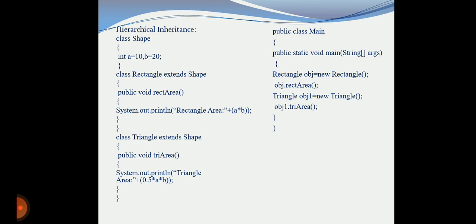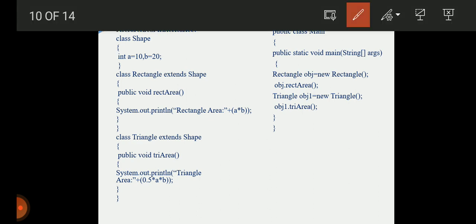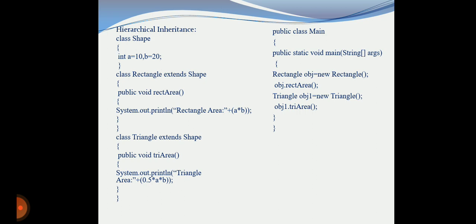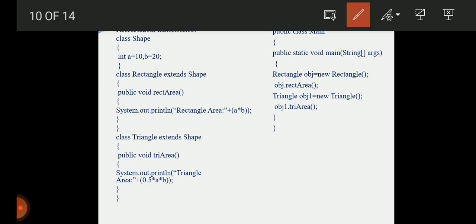Now let us see the example here. That is class Shape, here also 10, 20. Now another class, Rectangle, extends Shape. So Shape has one subclass, that is Rectangle.